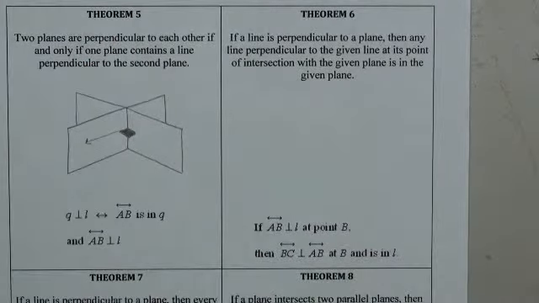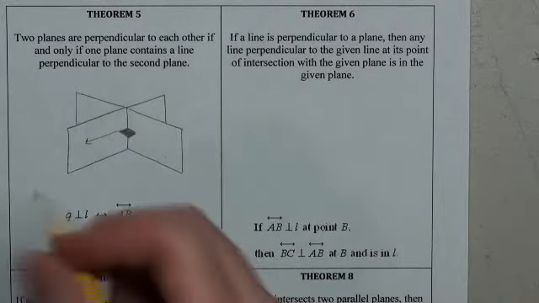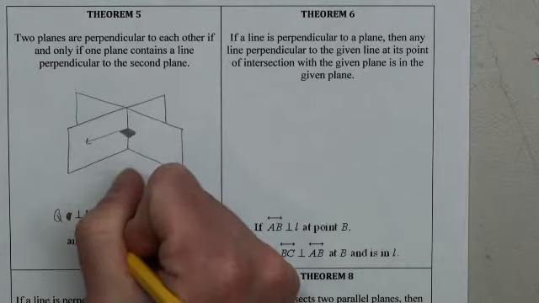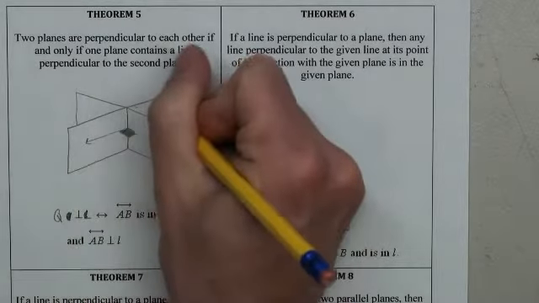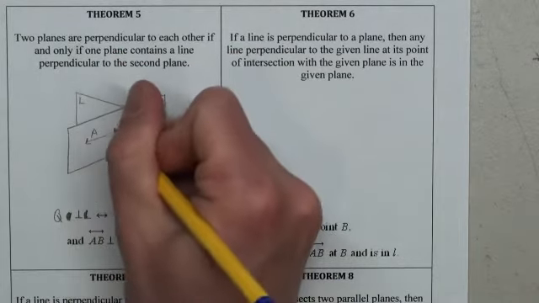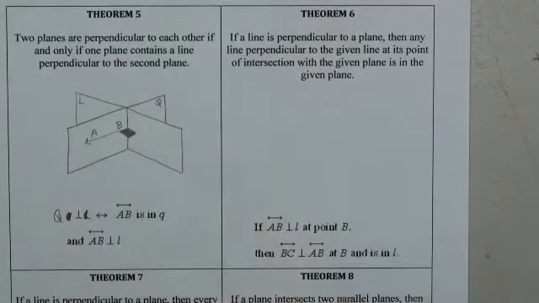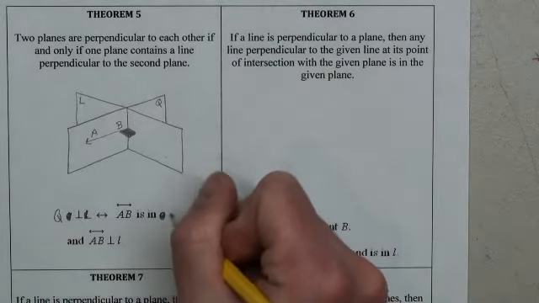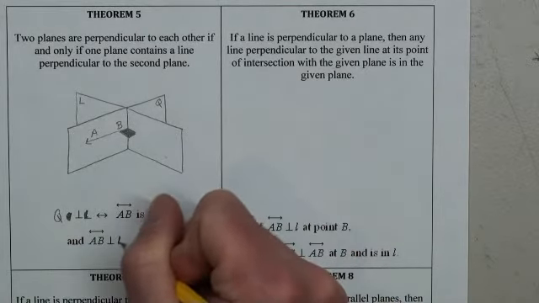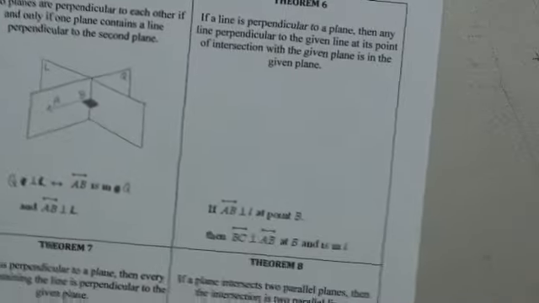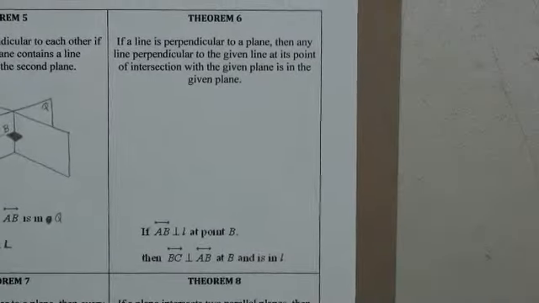Okay? That's it. Now let's just fix this. Get rid of that little Q. That should be a big Q, and this should be a big L. Let's label this plane Q, this plane L, and then let's make this line AB here. Okay? That's theorem 5. Now let's look at theorem 6.